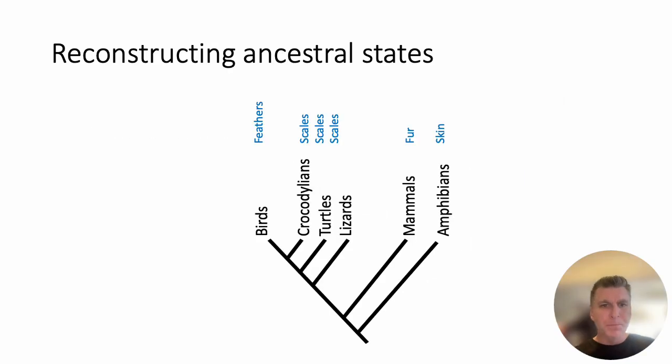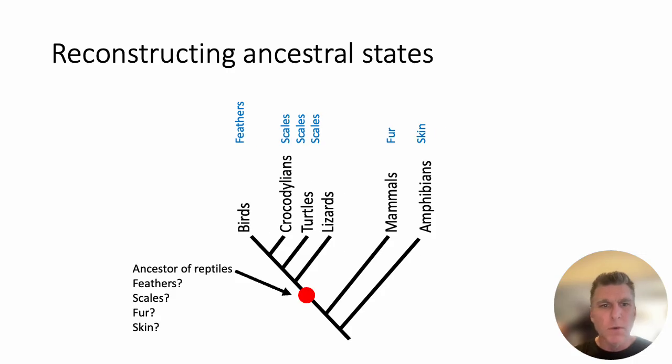So let's take this tree and let's map out the outer covering of the exterior of these different taxa. Birds have feathers, crocodilians, turtles, and lizards have scales, mammals have fur, and amphibians have skin. And so we're interested in, what is the ancestral state for reptiles?